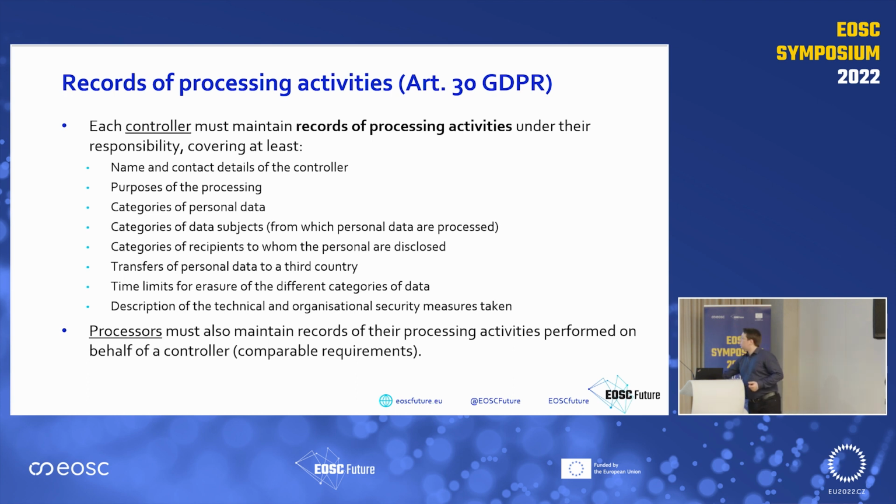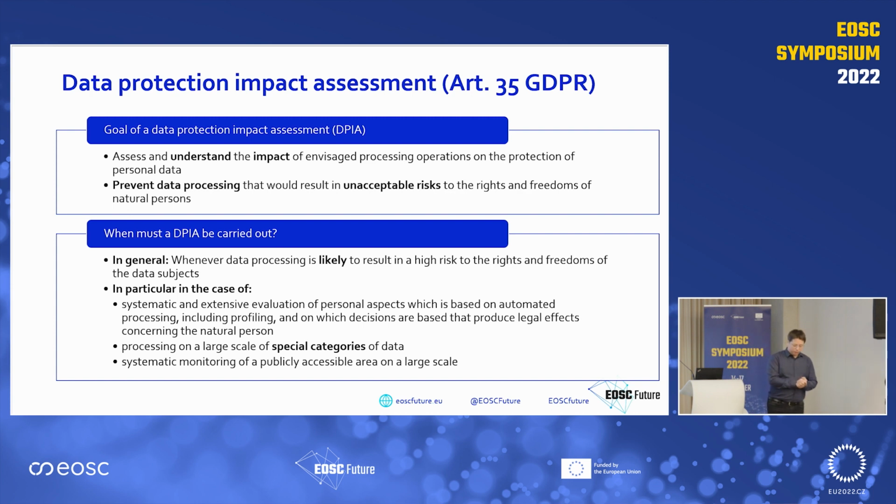Okay, so that is records of processing activity, and then there is a term that you might hear from time to time. It's the so-called DPIA, the Data Protection Impact Assessment. GDPR says in certain situations you have to actually assess and understand the impact of some processing operations, and especially prevent data processing that would result in unacceptable risks to the data subjects.